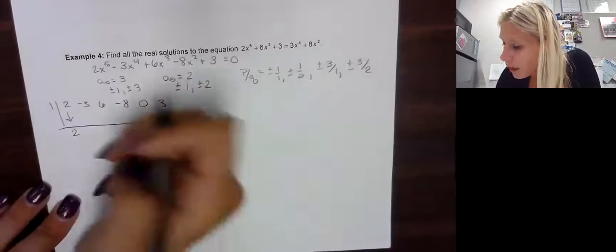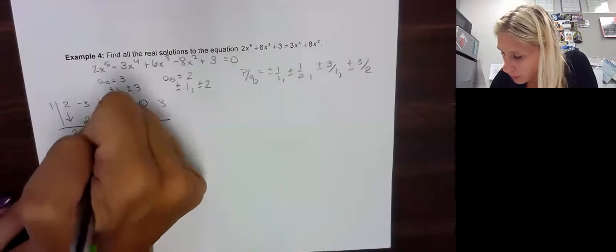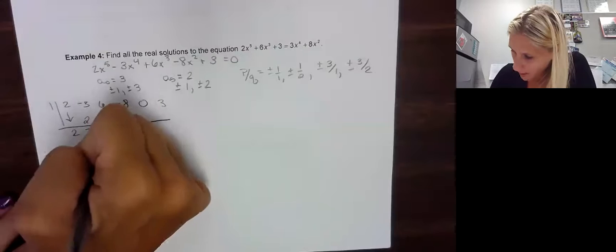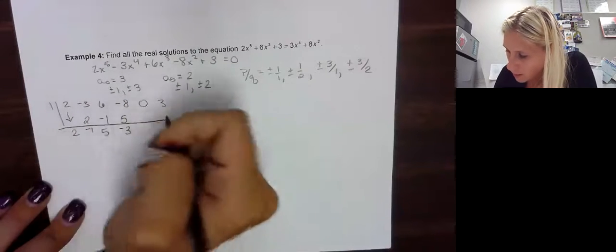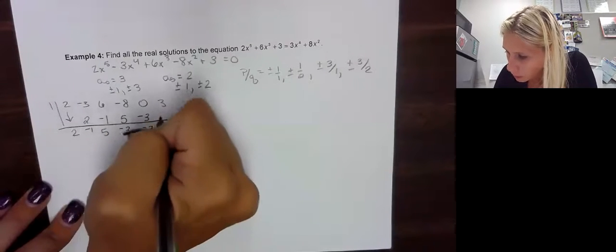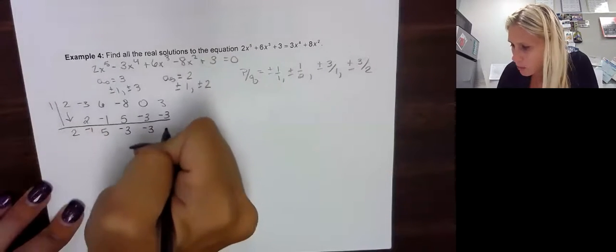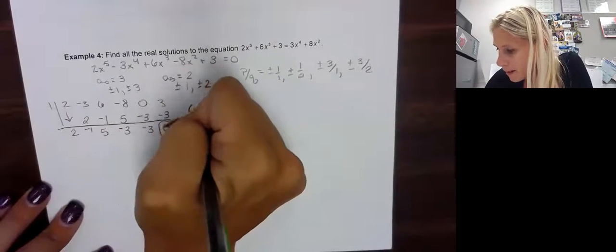So multiply, add, multiply, add, multiply, add, multiply, add, multiply. Yes, we got our factor of 0. Yay! That is x minus 1.